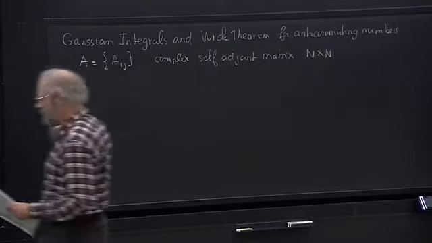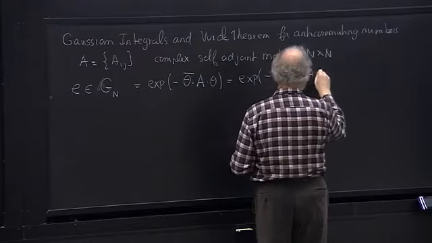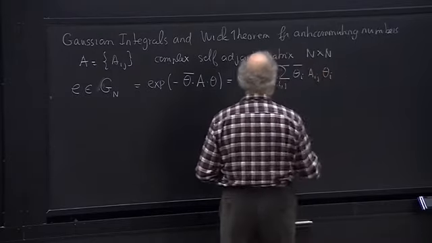Okay, so this is just numbers. I define an element of the algebra, G_n, just as the exponential of minus theta bar times the matrix A times theta, which means the exponential of minus the sum over i and j of theta bar i, A_ij, theta j.